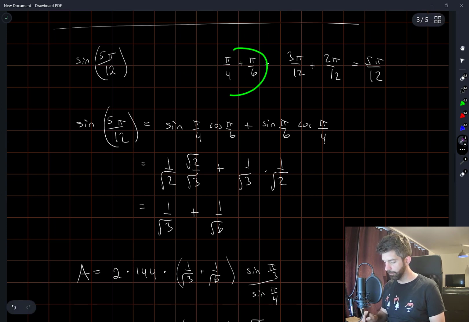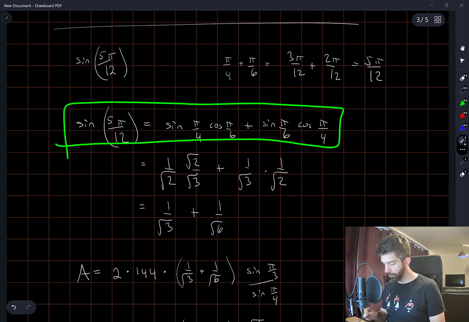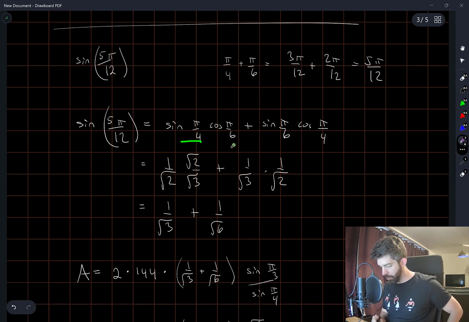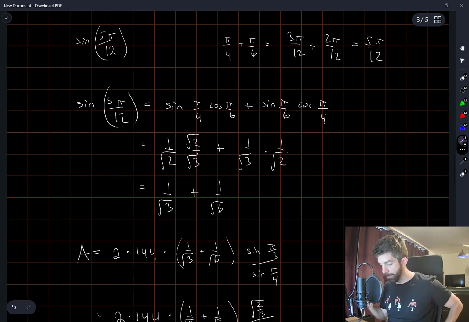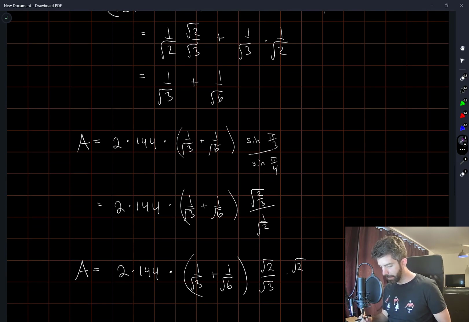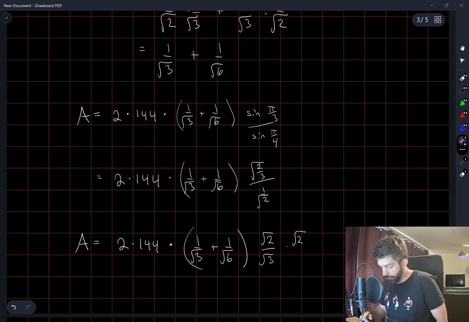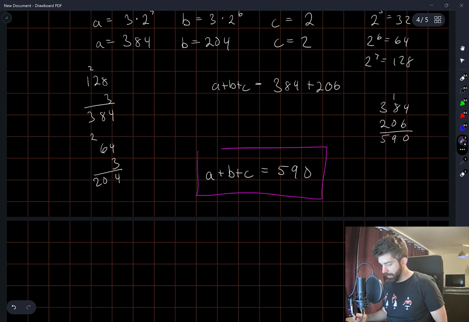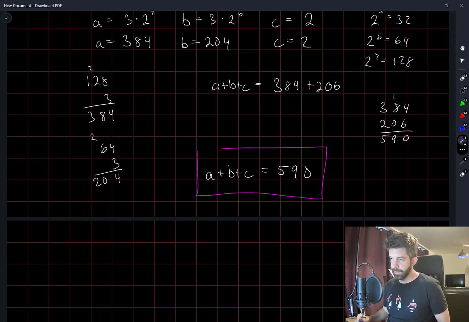So we have the angle sum identity for sine, and all of these trig ratios. I don't want to say I have them memorized, but I sort of know how to find them somewhat easily. They're all in terms of root 2, root 3, and so on. And then I hope I just did all the rest of the arithmetic here. But I'm not super confident in my answer. It's possible I made some mistakes in the arithmetic.